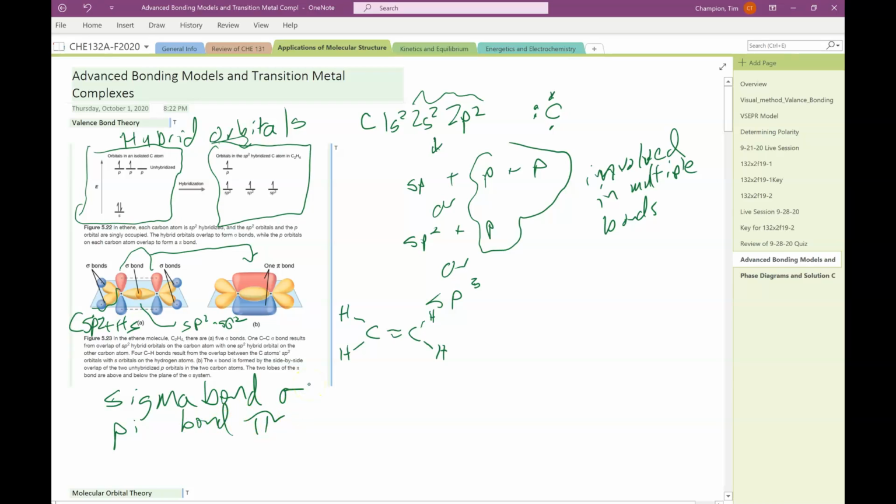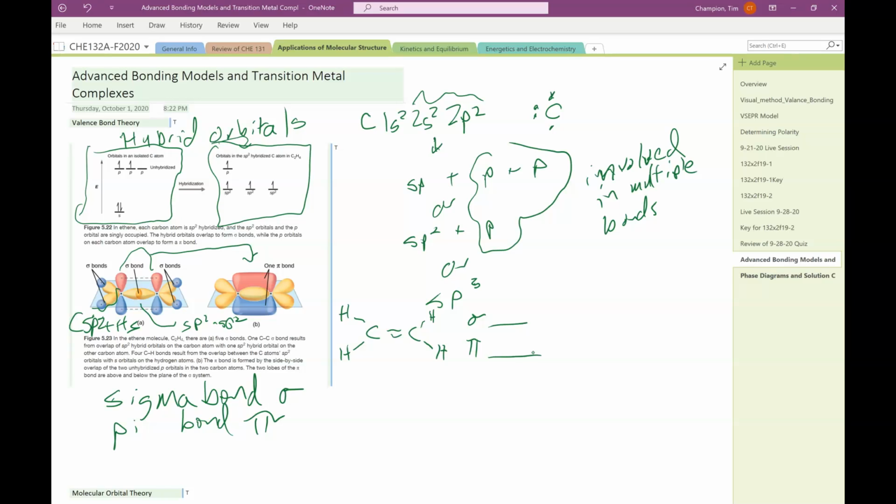And when you're looking at a structure like this one, one basic skill you should have is counting the number of sigma and the number of pi bonds for this compound. And it's real easy. What you have to recognize is that any bond that is a single bond, or the first bond in any multiple bond, is always going to be a sigma bond.